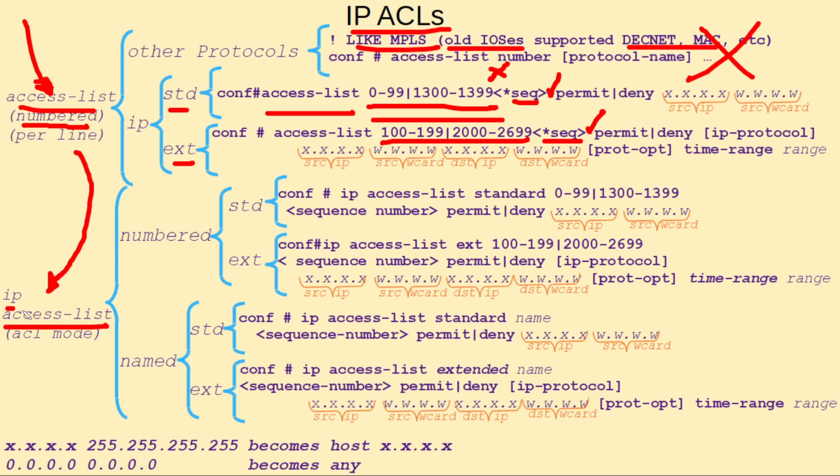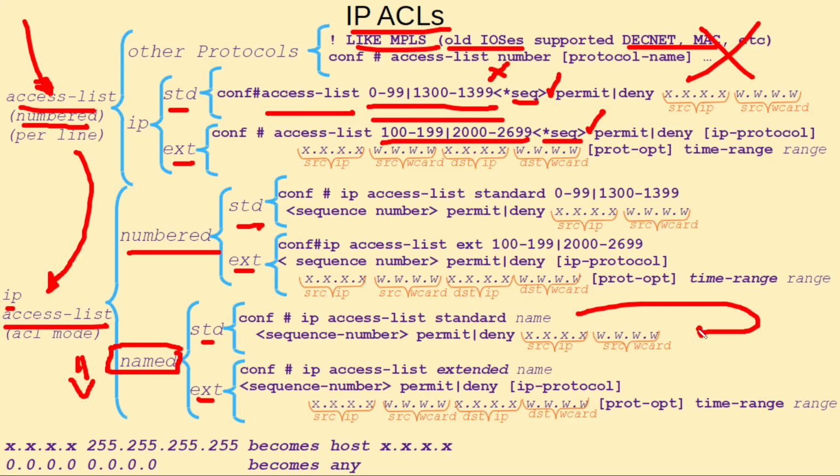So let's talk about the other option, which is the command ip access-list. With the command ip access-list, we can create standard and extended access lists, not only numbered, but also named access lists. That is a great advantage. We can also enter into what we can call the access control list mode, where we can work with a sequence number and our entry, so we don't have to repeat the whole command every single time.